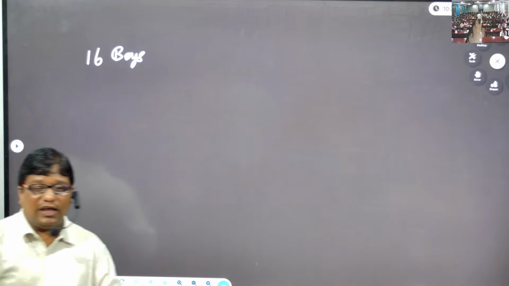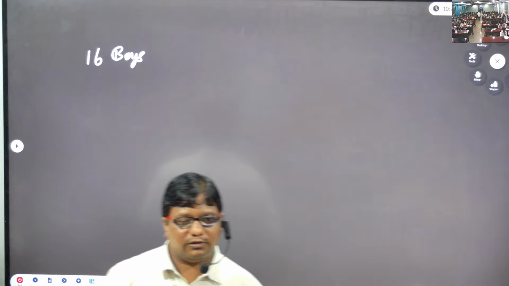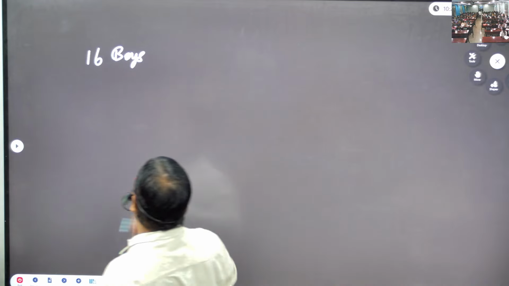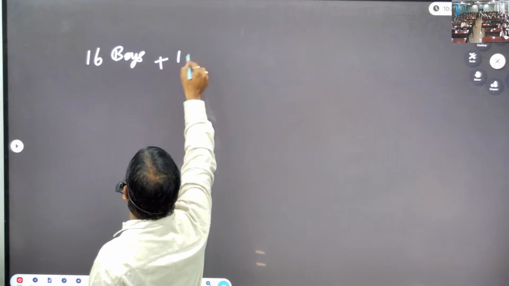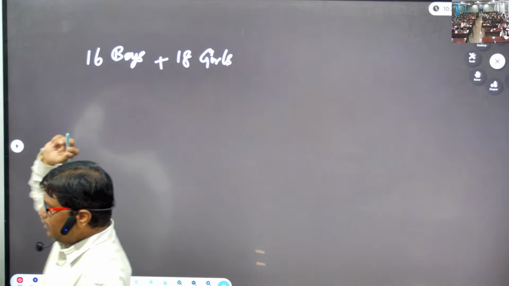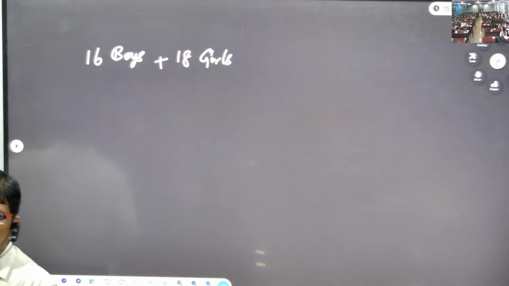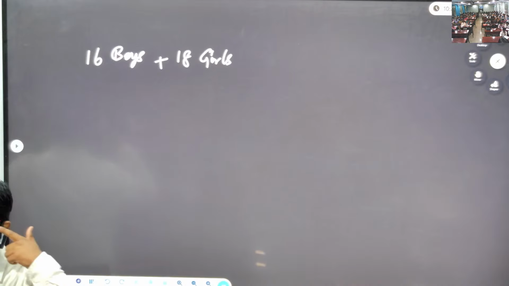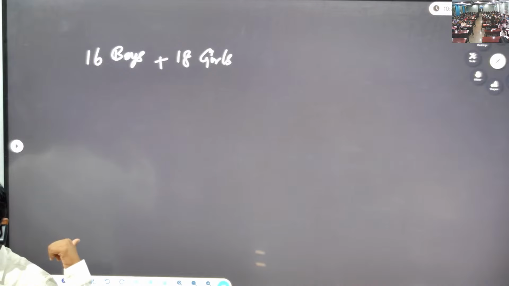Right, so what is the correct answer? 16 members are boys, 18 members are girls. How many ways to select a class representative as a boy or girl? Is it going to be the product rule or sum rule?